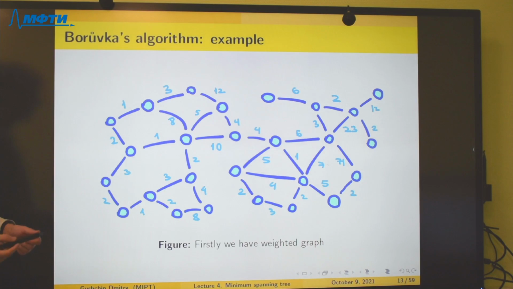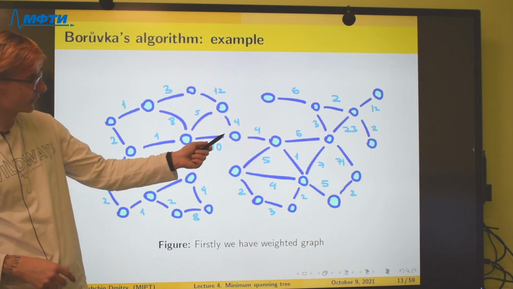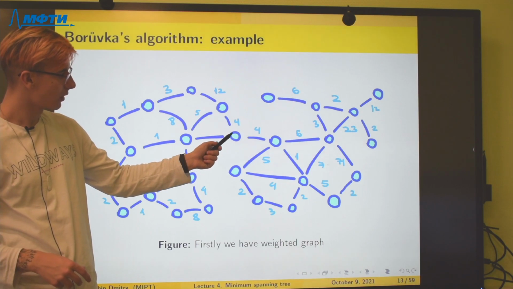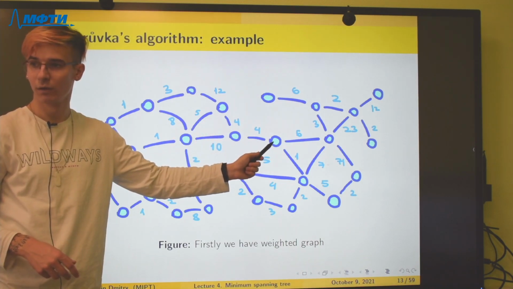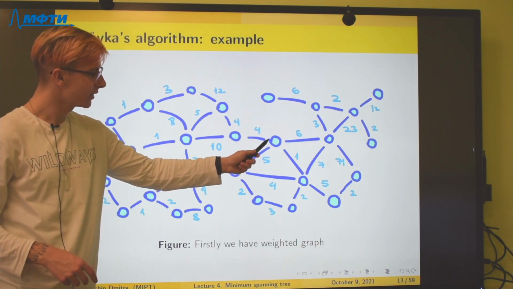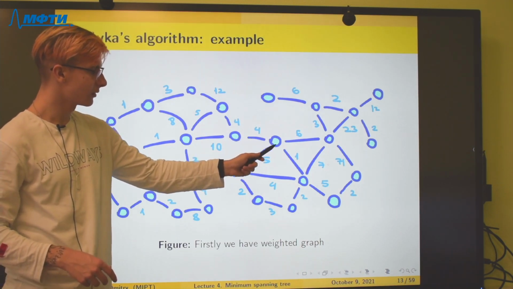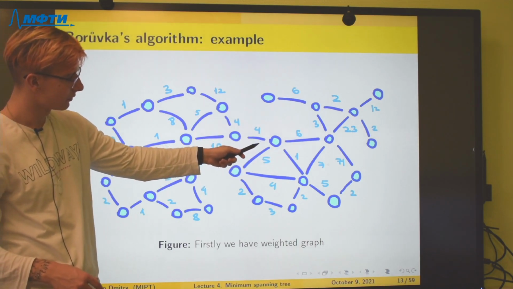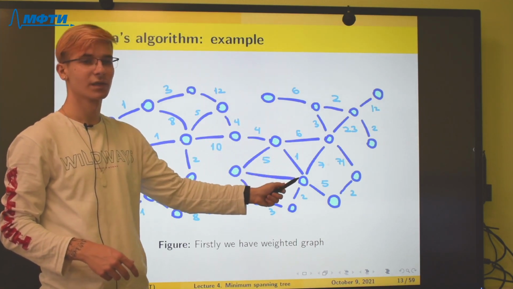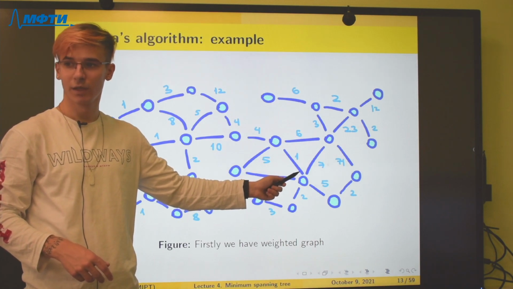Yeah. But for example, for this vertex, we can add, for example, this edge or this edge. But for this vertex, if we add this edge, we can say, okay, there is an edge that has minimum weight, and we add it.